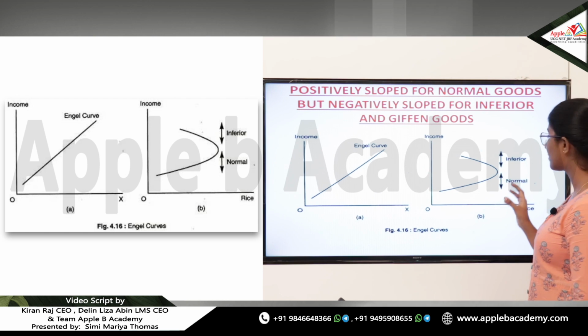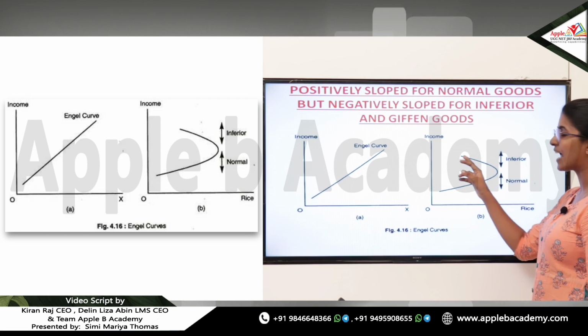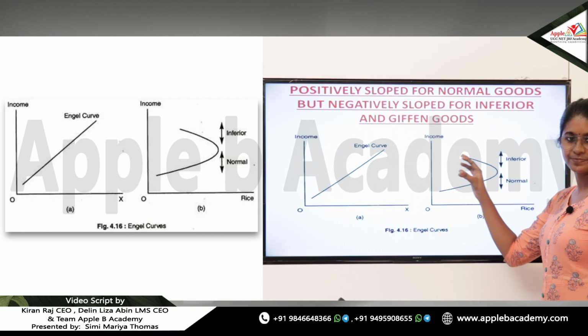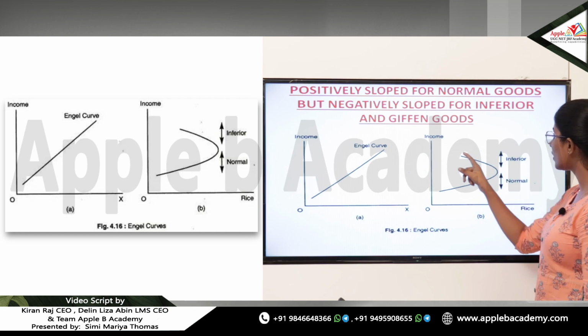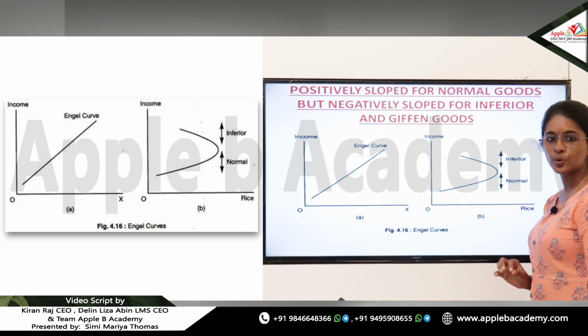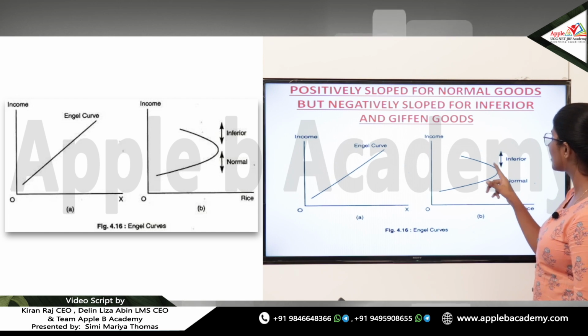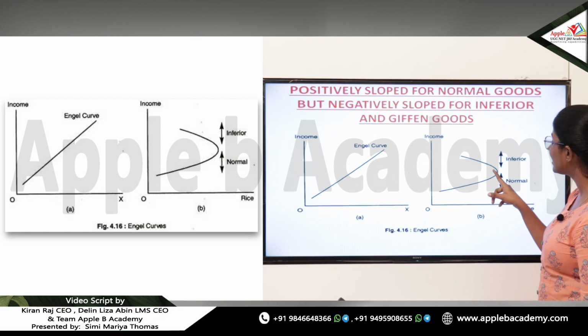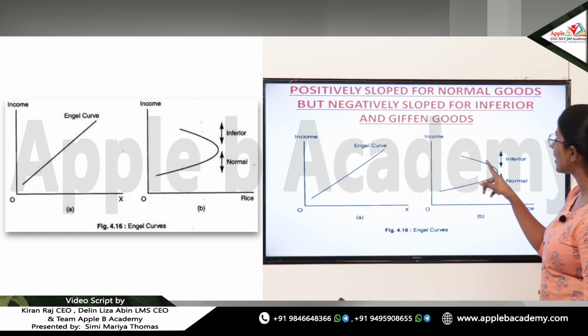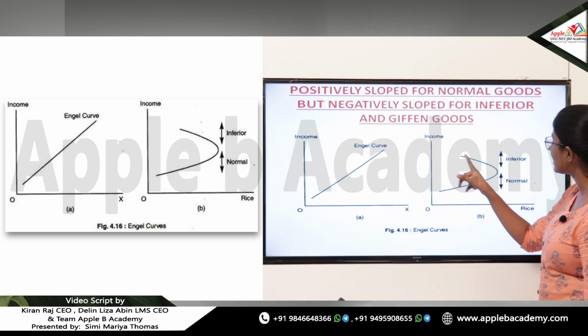But when a good is an inferior good, the Engel curve will have a backward bend. So the Engel curve will have a backward bend when a good becomes an inferior good. What happens? After the good becomes inferior, the income is again increasing, as we can see from the curve.